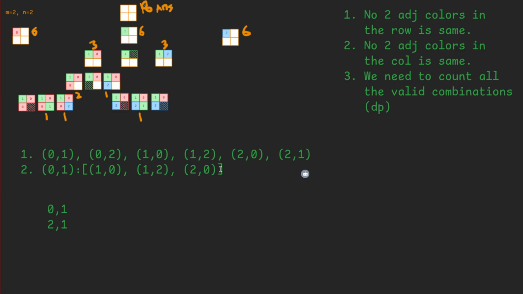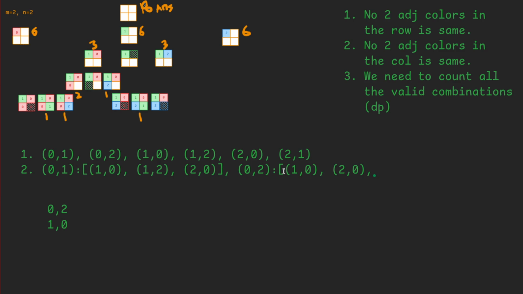Now let us say we have moved to the next element, 0 comma 2. What are the adjacents for 0 2? 1 comma 0 is a valid case, yes, because there is no adjacency. 1 comma 2, no, 2 will become the same. 2 comma 0, yes, it is a valid case here.